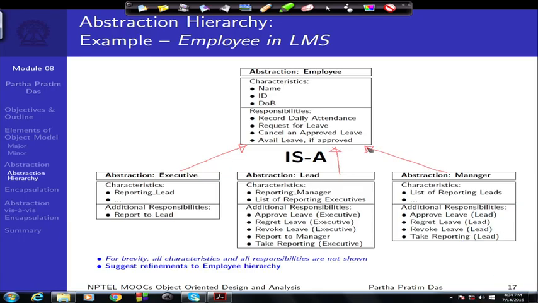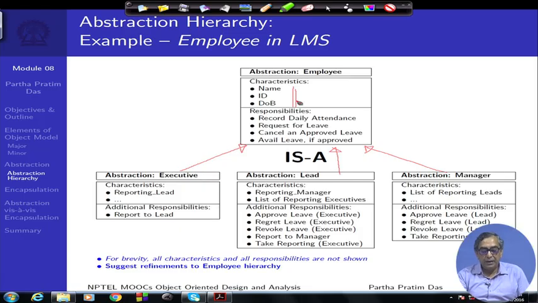employee. In that process, if you look at the specific characteristics, then the employee, which is more generic in terms of abstraction, has a few characteristics, and therefore, all the specific executives, leads and managers will also share those characteristics, but they could have additional characteristics.